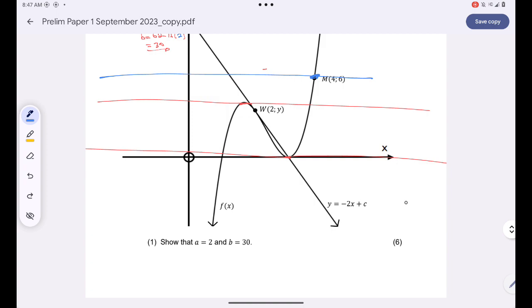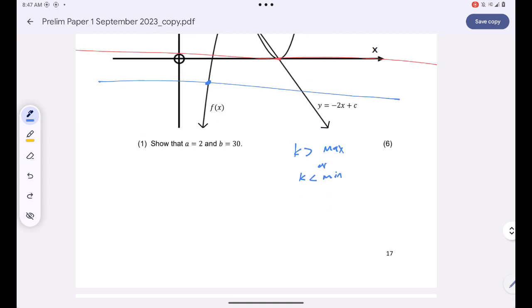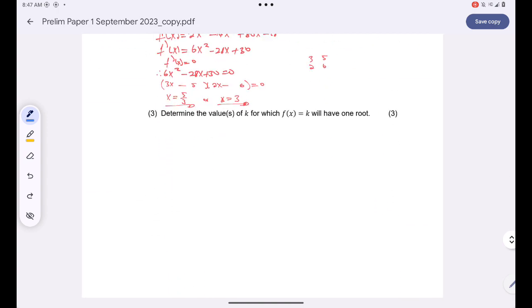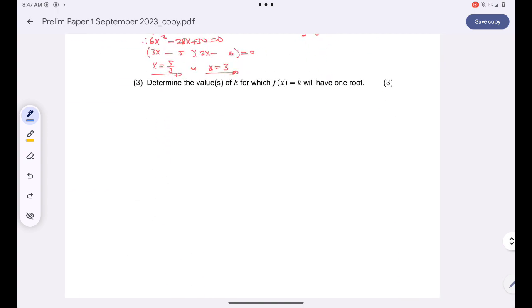And if ever I have my graph below the turning point, that graph will just intersect my function only once as well, right? So that means k should be greater than the maximum, or k should be less than the minimum. Are you together, guys? So let's go find both the maximum and the minimum.